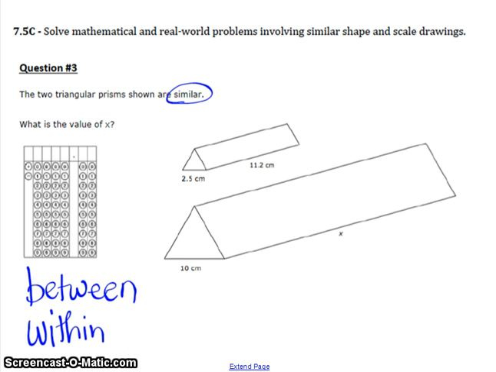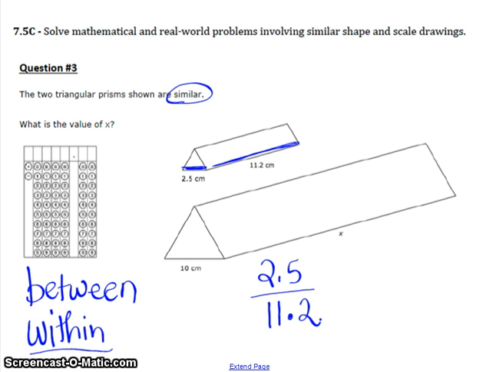For this one, I am going to set it up within the shapes. I'm going to be using this. So that means that my first ratio, I'm going to go here at the bottom of the triangle over the long side of the triangle for my first ratio. So 2.5 is over 11.2.